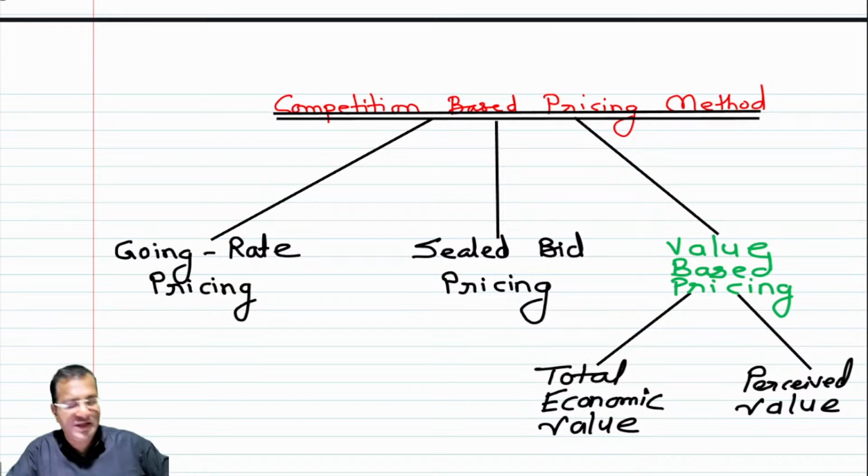Write down, beta. First, give the heading: competition-based pricing method. First of all, we will write down the meaning of this competition-based pricing method.